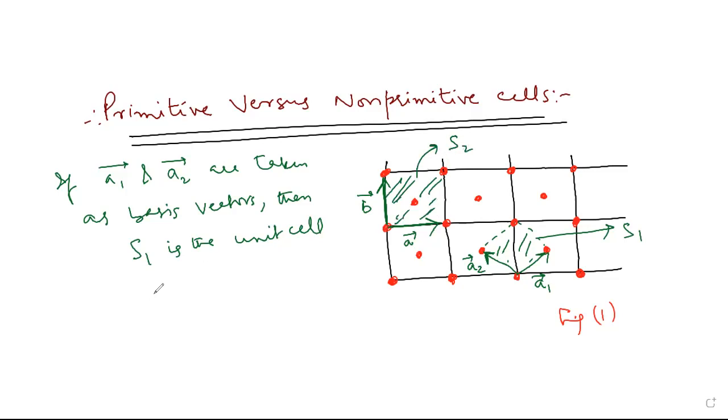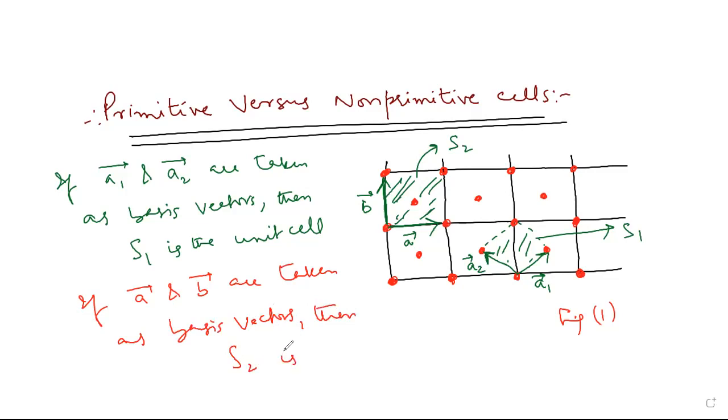So if A and B are taken as basis vectors, then S2 is the unit cell, right?